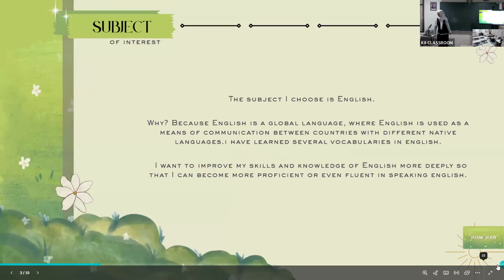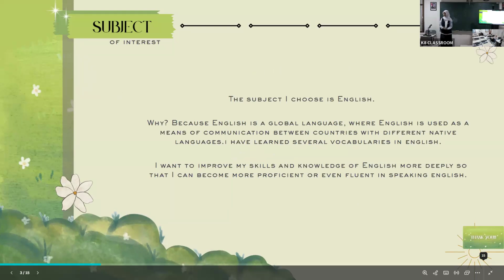Now, the subject that I chose for this student academic conference is English. Why did I choose English? Because English is a global language, used as a means of communication between countries with different native languages.